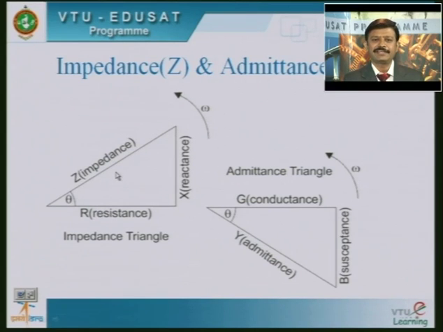If it is an inductive reactance, it will be XL square. And its reciprocal is taken here. Conductance is a reciprocal of resistance, admittance is a reciprocal of impedance, and susceptance is a reciprocal of reactance. So this triangle is inverted here.